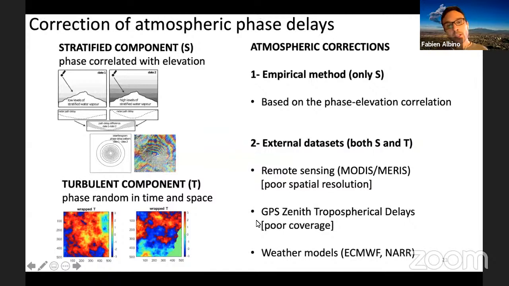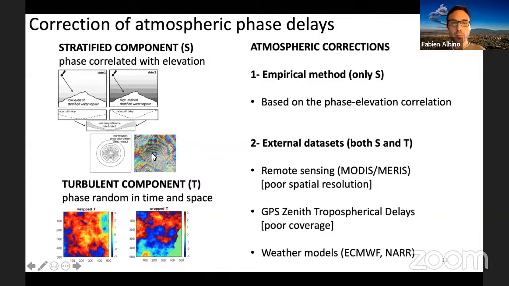What we need to do first, to be sure whether it's deformation or not, is to look at the atmospheric phase signal and try to correct it. The atmospheric signal is a sum of two components. The stratified component, which is mostly correlated with elevation, gives concentric fringes that correlate with topography.